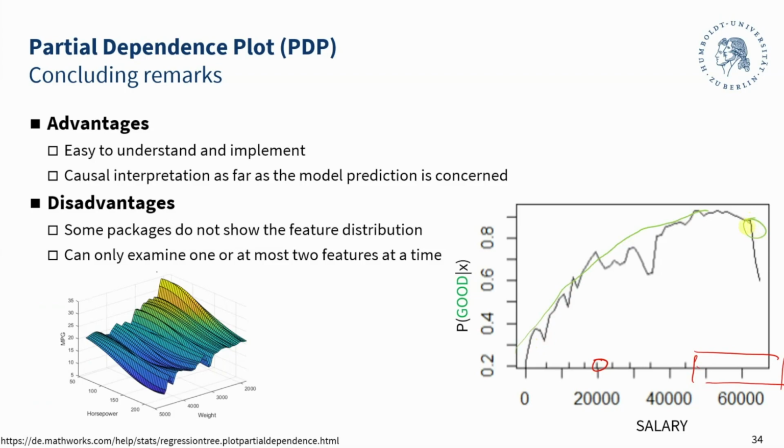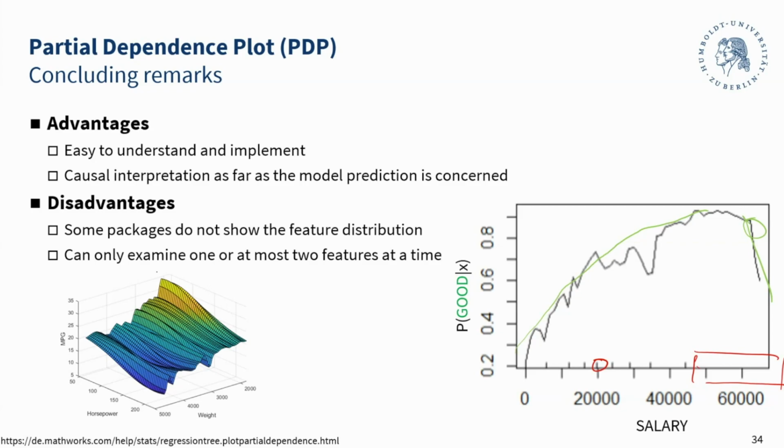And then there is this odd behavior here where the probability of good drops sharply. That is an artifact. It originates because there is little data available to estimate the dependency between large incomes and model outputs. And you have to be careful in interpreting these areas.